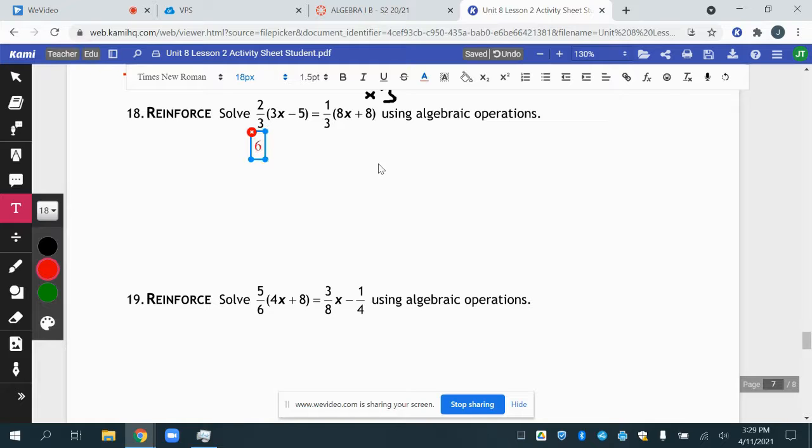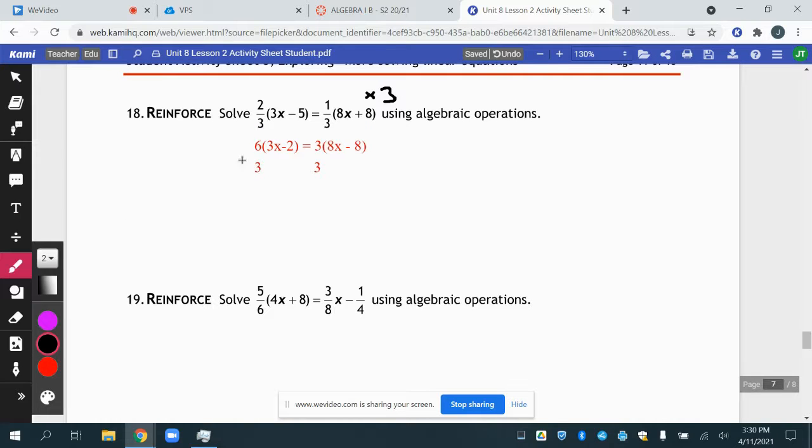6 times 3x minus 2 equals 3 times x minus 8. And I also have these thirds here. Put this in here real fast, just to remind ourselves how it goes.